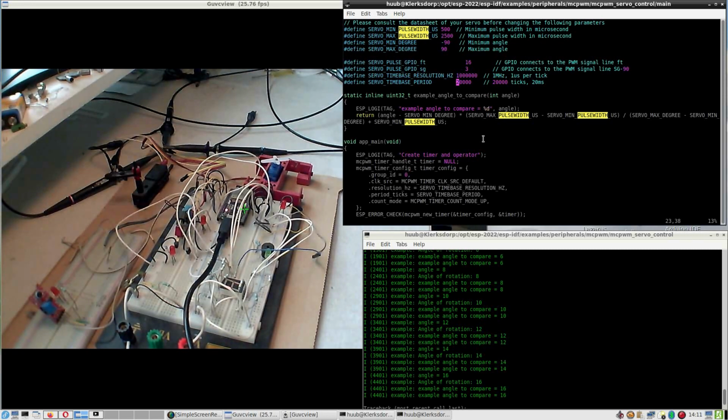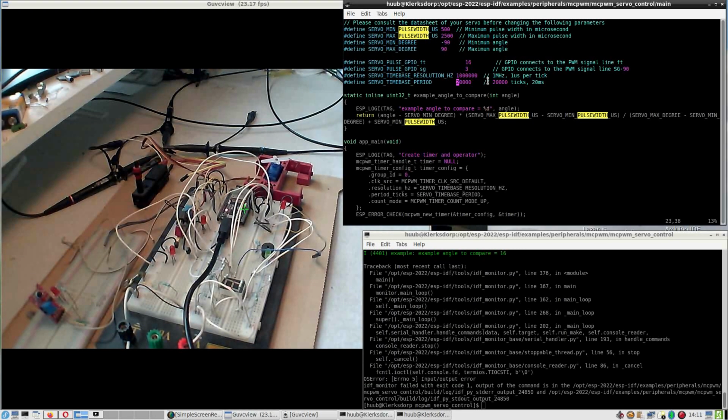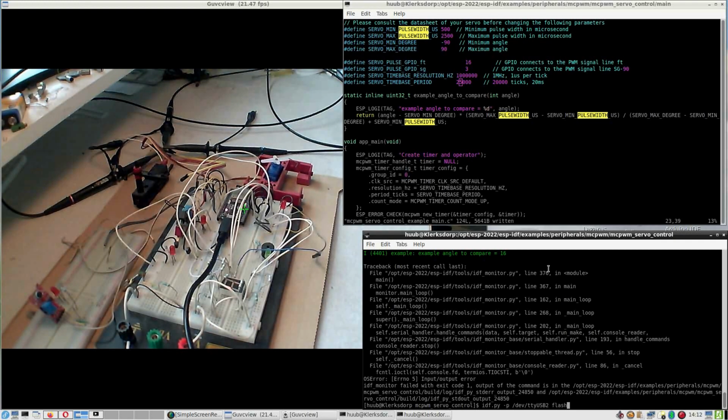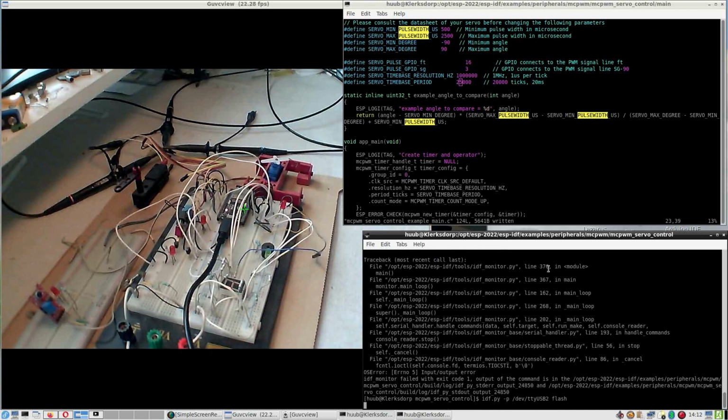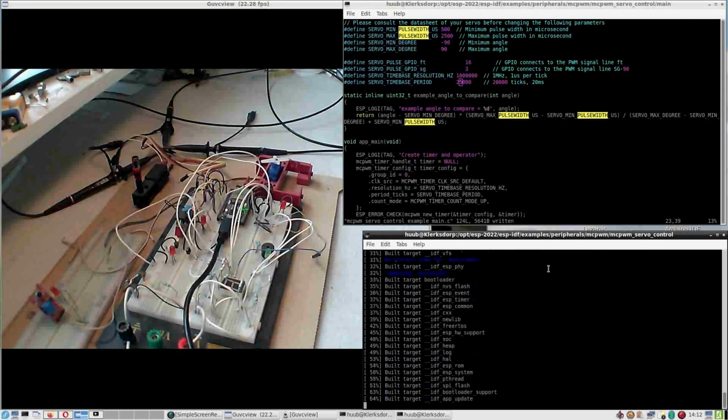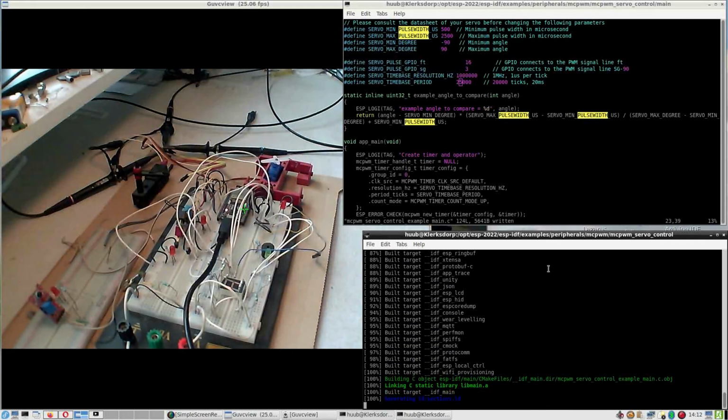If nothing happens at all, I doubt I'm going to solve it with this program. So let's just see. I change this to, let's say, 25. See whatever happens, if something happens, that is.